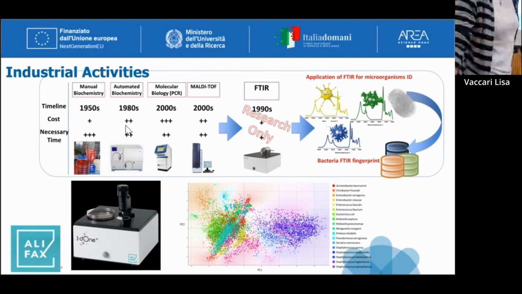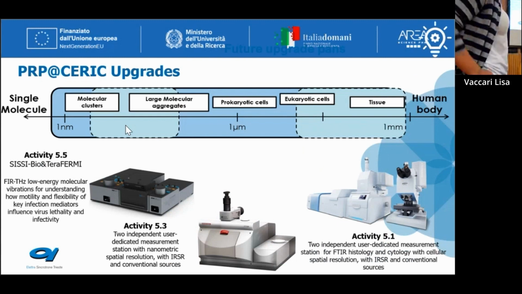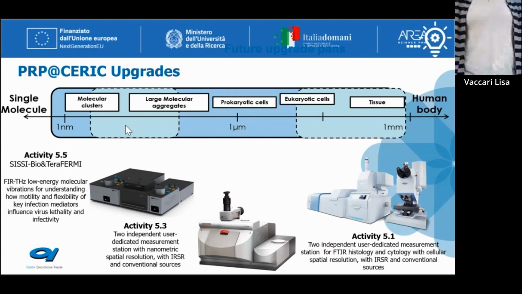So what we will do with the PRP CERIC project, we will further strengthen our capabilities in nano IR in the imaging part. We will acquire new instruments. Maybe interesting for you, we acquire one that is nowadays not on the market, only one in Italy, that has a lateral resolution between microns and a few nanometers, like 500 nanometers.